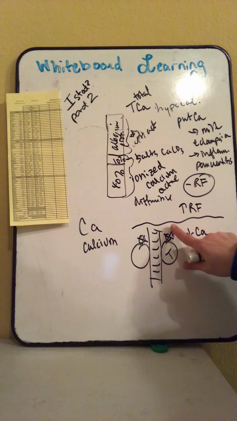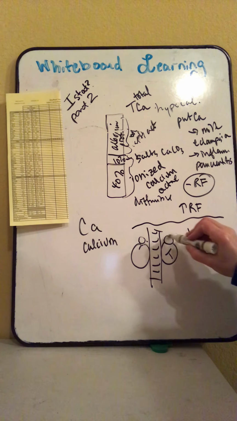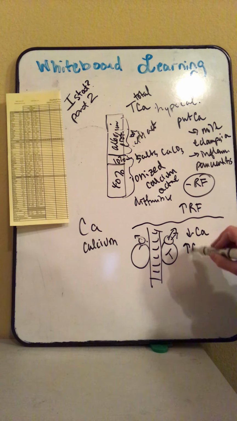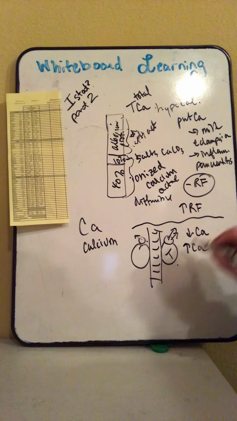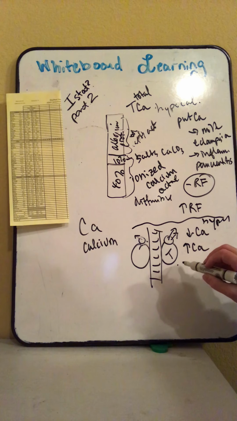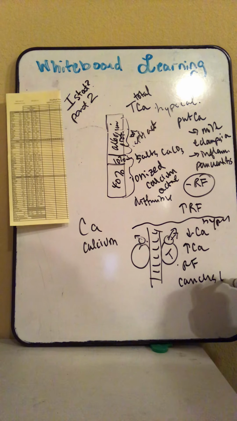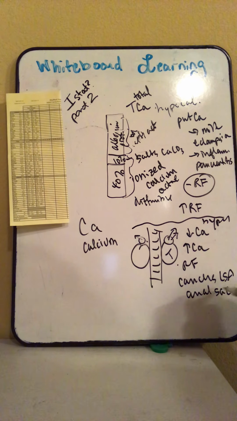But if you have hyperparathyroidism, and these glands are putting out too much, you can actually get an increase of calcium. Other things that cause hypercalcemia, like renal failure and cancers, like lymphoma and anal sac cancer, work in a similar way.